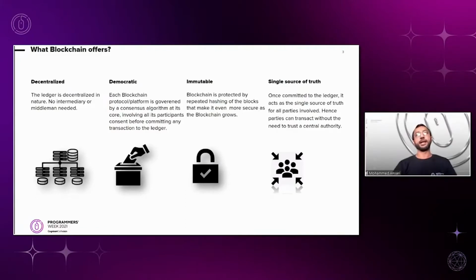An asset can be a tangible asset, like a house or cash. It can be an intangible asset, like intellectual property, copyright, or a piece of art, or a brand logo, or something like that. Virtually anything of value can be tracked and traded on a blockchain network.